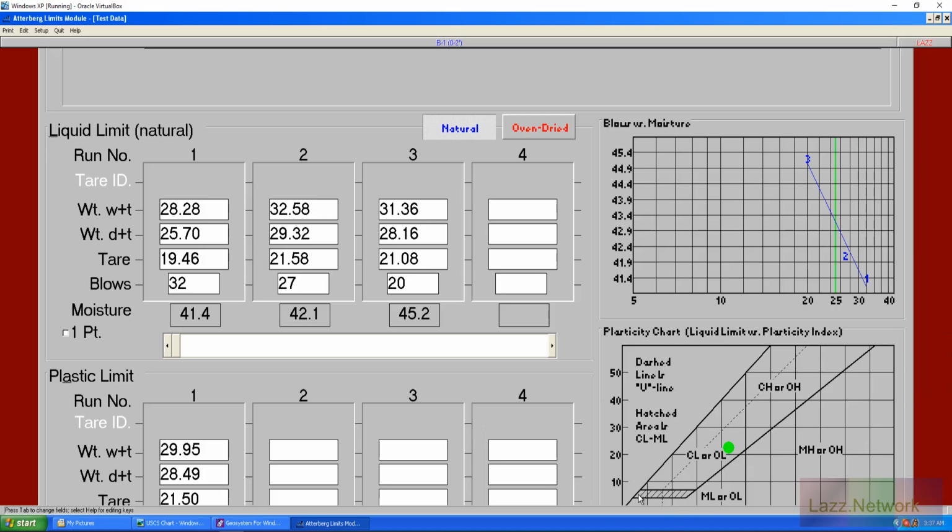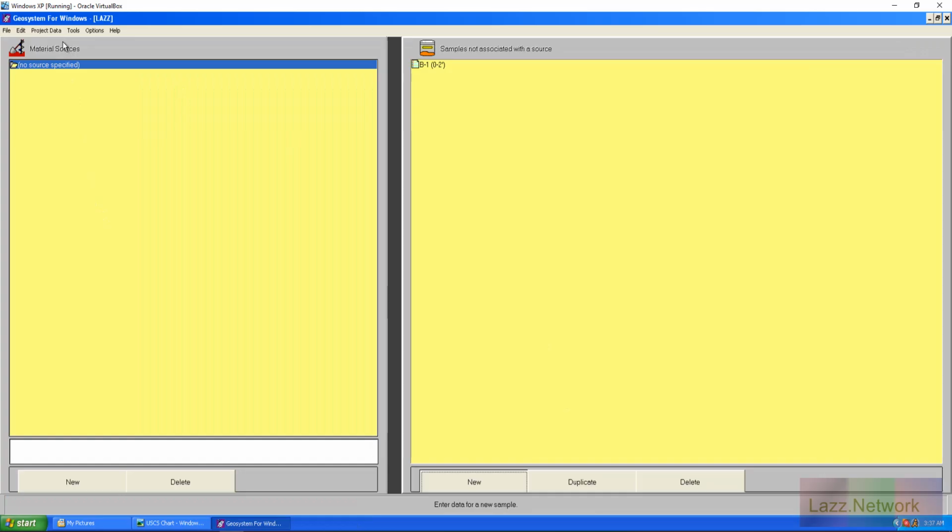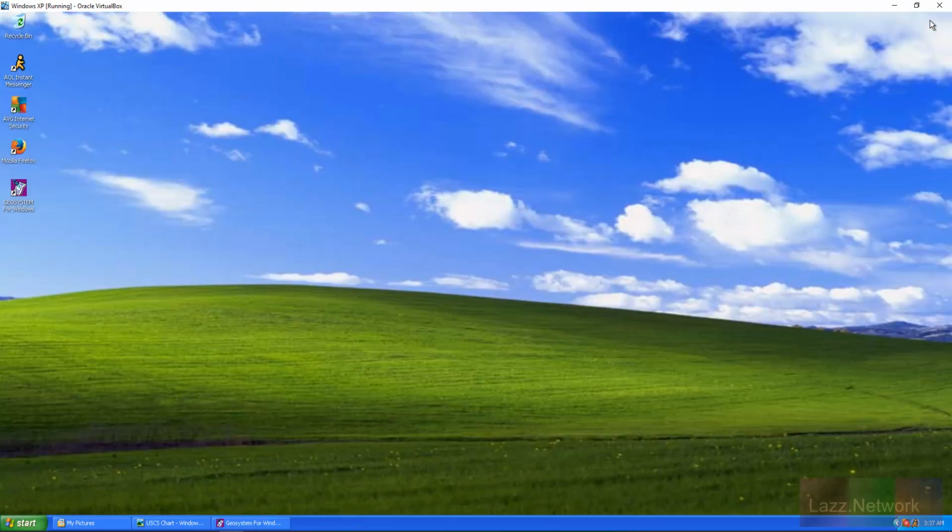But anyways, this area here is considered your hatched area. So there you go. Okay, cool. I can minimize that.